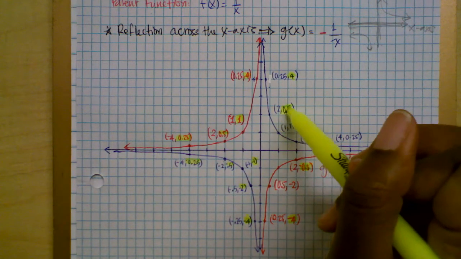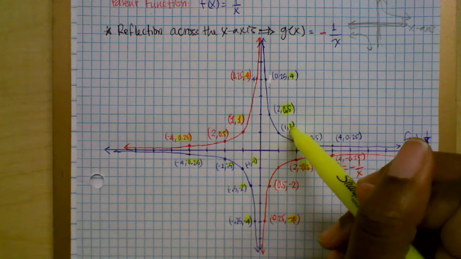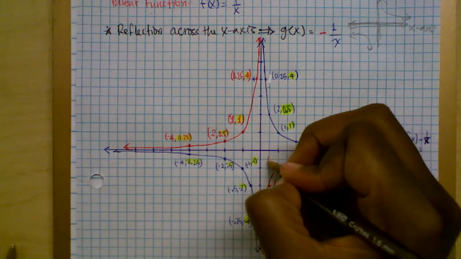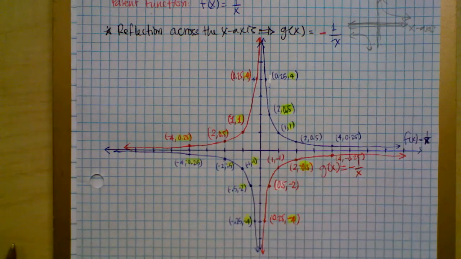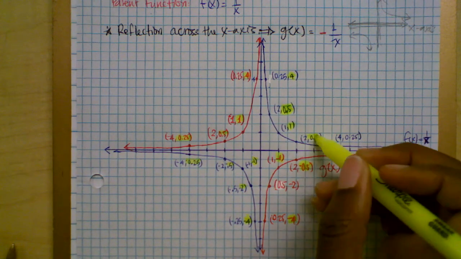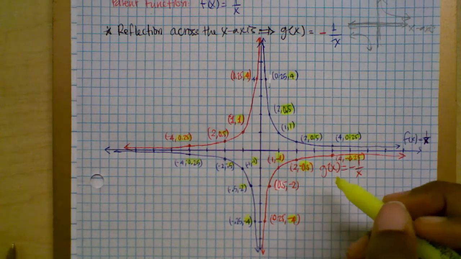Or you take the opposite of positive 0.5, which is -0.5. The opposite of 1 is going to be, let me write right here, -1. So the next ordered pair, the opposite of 0.25 is going to be -0.25.